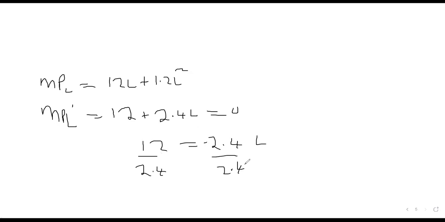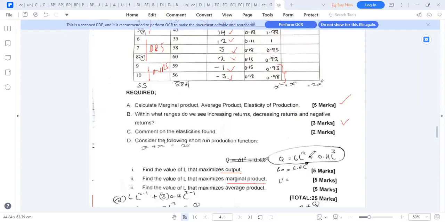What is our L? Negative 5. Although in reality, this question was not very correct because here it was supposed to be a negative. You don't have negative labor. But anyway, you're getting the concept, right? Yes.